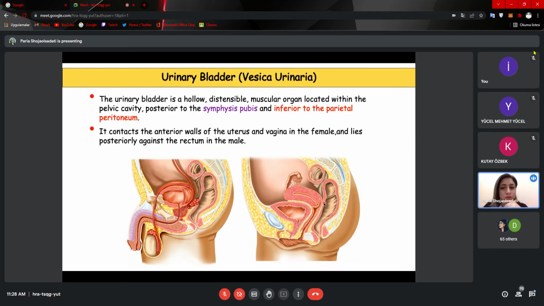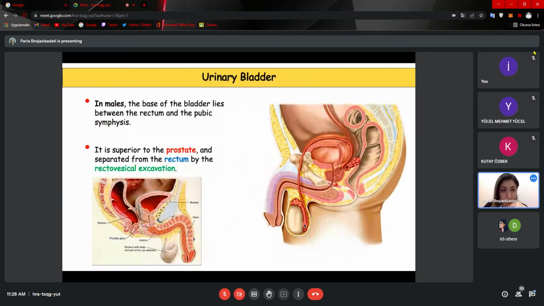It's about the different neighbors in each gender. In the males, the base of the bladder lies between the rectum and pubis, as I mentioned before, and is surrounded by the prostate gland. You can see it in here.